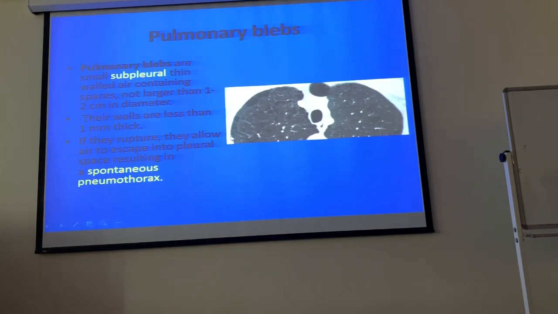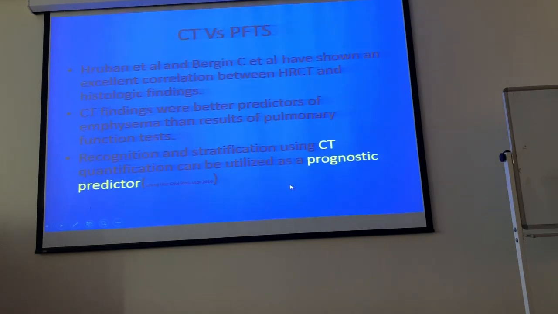A bleb is a similar thing to a bulla, but it is small, no larger than 1 to 2 centimeters. They can also rupture and cause spontaneous pneumothorax. There was a study done, and it shows that CT is as good as the pulmonary function test.